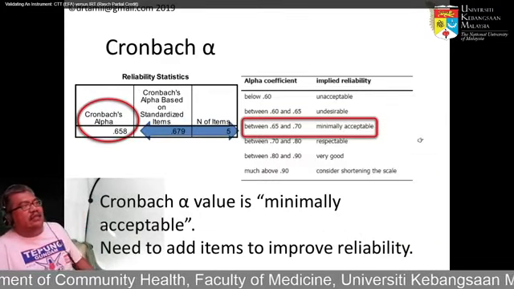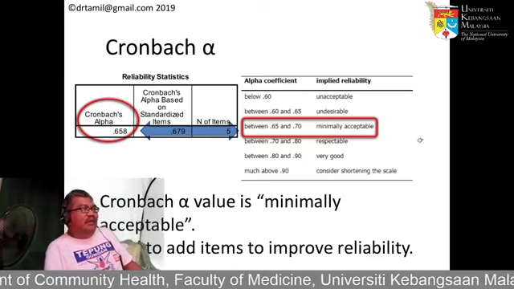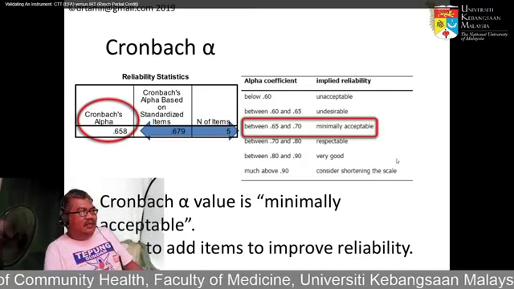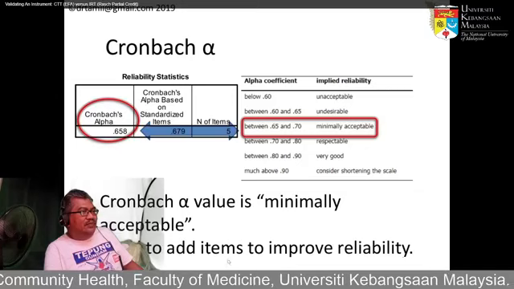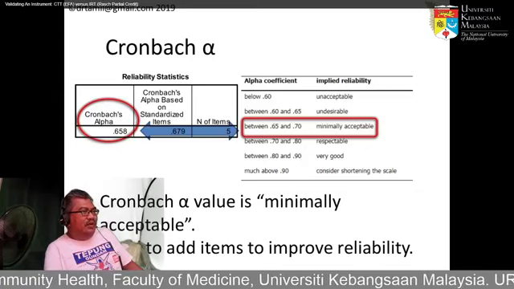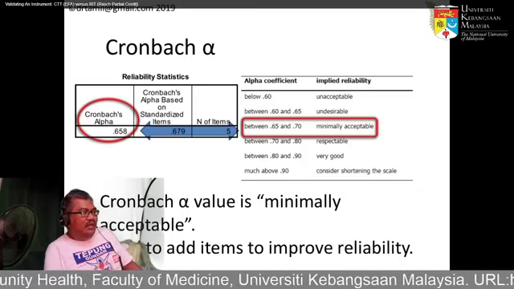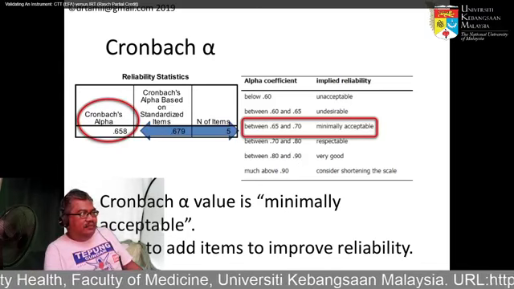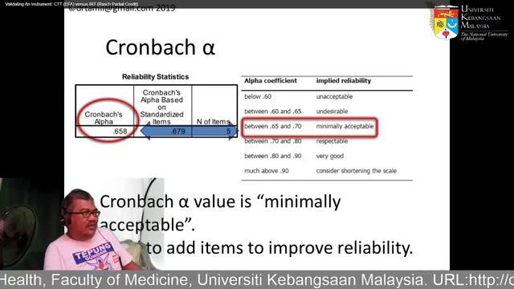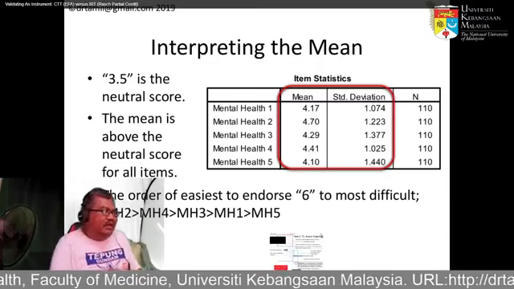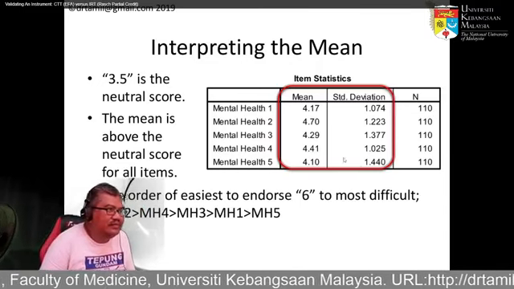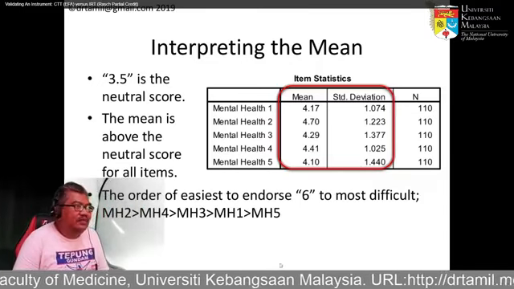Is 0.658 okay? Minimally acceptable. So what you should do is add more items to improve reliability and get rid of the question that is causing the problem, like question number 5. Question number 5 is the problem question.